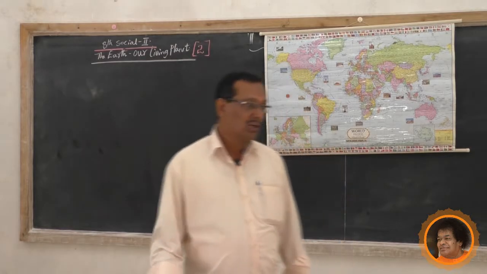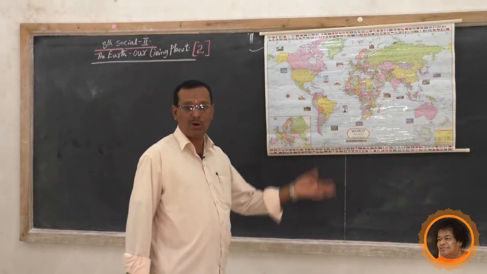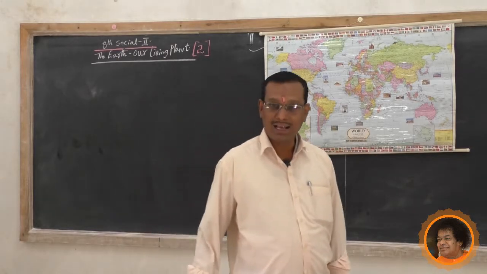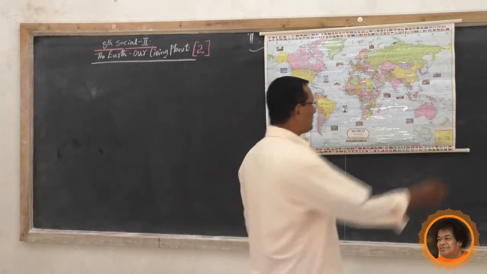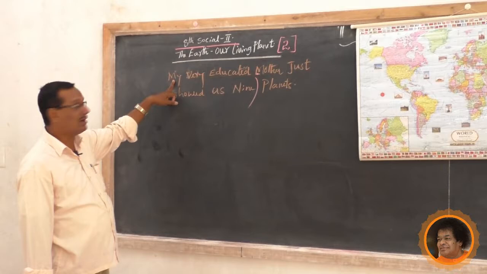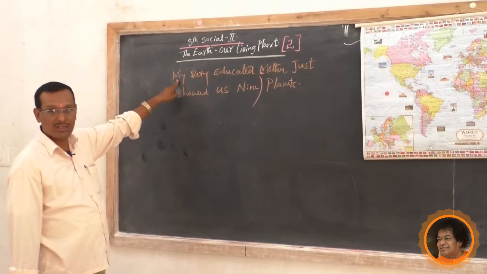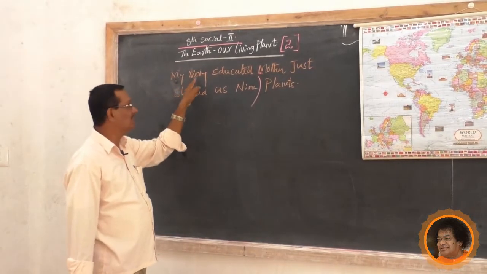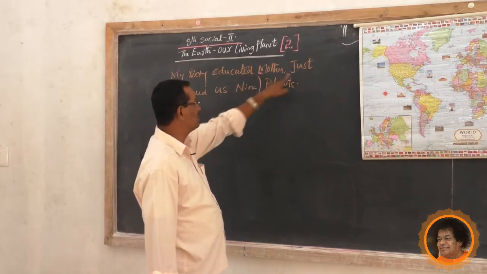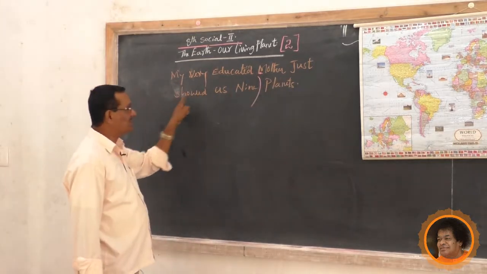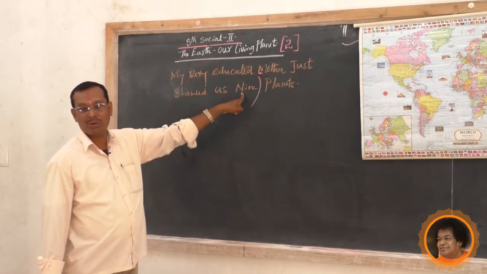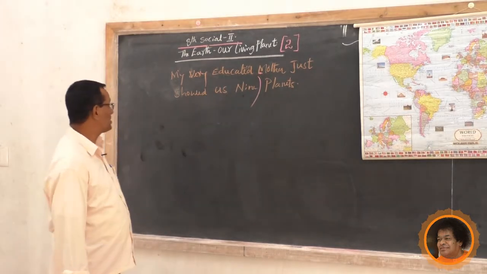The names of the 8 planets are: first Mercury, second Venus, third Earth, fourth Mars, Jupiter, Saturn, Uranus, Neptune. These are the 8 planets in our solar system.